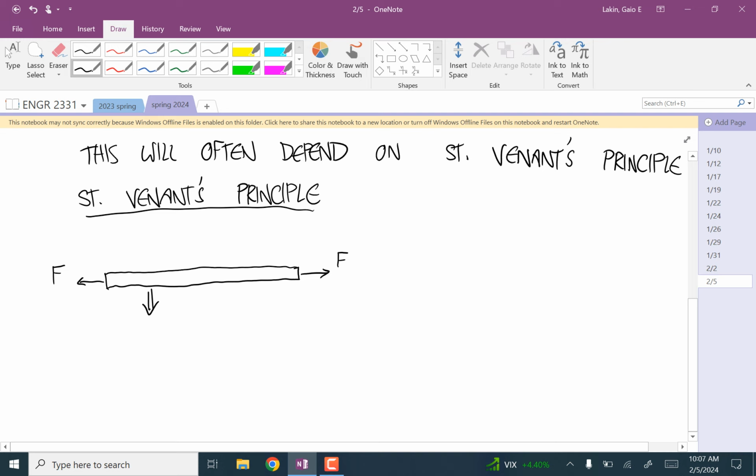Say that this is connected by something welded to these 2 points, and basically we're just applying tensile forces at 2 different points. And you know just intuitively that this is going to deform weirdly at those 2 points.